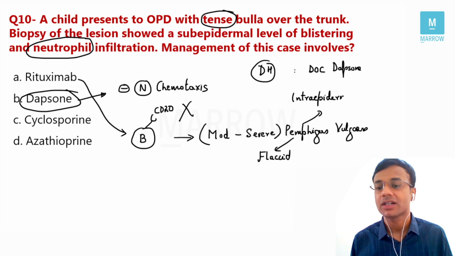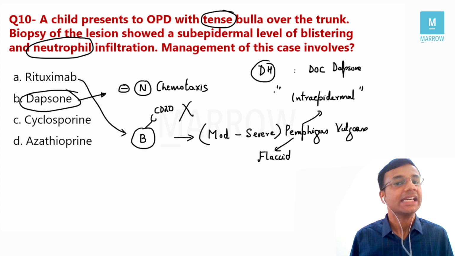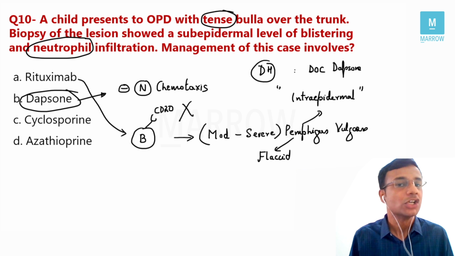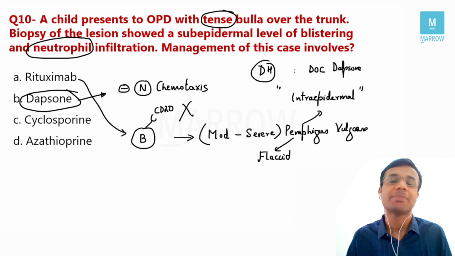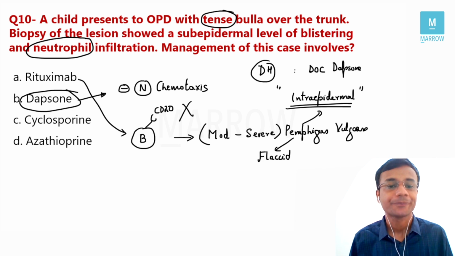So whenever there is a question about intraepidermal, any disorder which is intraepidermal in the bullous disease chapter will definitely have the word pemphigus in the description. So could be IgA pemphigus, pemphigus erythematosus, paraneoplastic pemphigus. Whenever there's a word of pemphigus, you have to remember it has to be intraepidermal. That is why the correct answer in this condition, because neutrophils are there, you can obviously go for dapsone as the correct answer here.